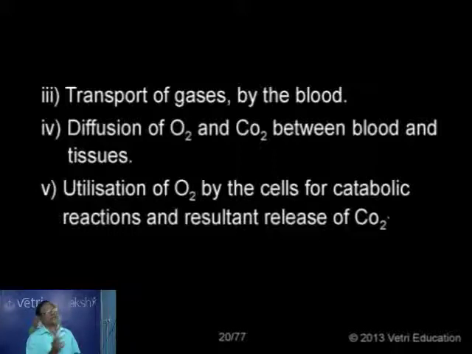The transport of gases, both oxygen and carbon dioxide, by certain mechanisms. Then exchange or diffusion of gases, oxygen and carbon dioxide, between the blood and the cells. And finally, oxygen is utilized for the enzymatic reaction of the breakdown of glucose to form energy along with carbon dioxide and water. The resultant carbon dioxide is once again taken away by the blood. So these are the five major events happening during the general process of respiration.